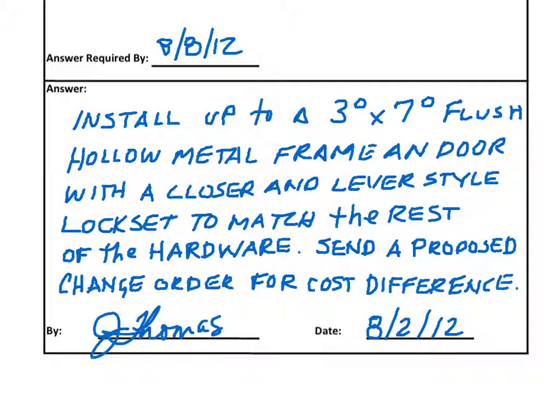And if we take a closer look at what actually happened, on the bottom of the RFI in the space where the answer was given, the owner said to install up to a 3/0 by 7/0 flush hollow metal frame and door with a closer and lever style lock set to match the rest of the hardware. Send a proposed change order for the cost difference. And that answer was given on 8/2, so it didn't impact the schedule of the project, and we got a clear answer how to proceed with that issue.